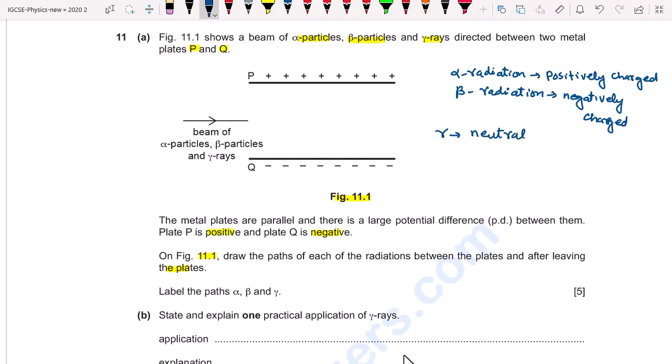And there are two plates P and Q. The charge on plate P is positive while on Q it is negative. And the beam of alpha particles, beta particles and gamma rays comes in this direction. And we have to show the path in which these are deflected or whether they are deflected or not. So as the gamma ray is neutral, there will be no deflection in the case of gamma ray.